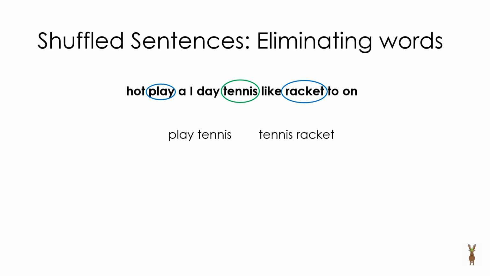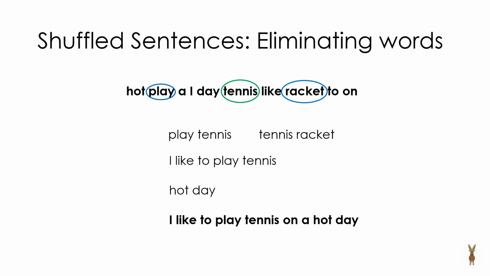Who likes? I like. I like to play tennis. Hot describes the day, so we have hot day. I like to play tennis on a hot day. So the extra word is racket. It does not fit in the rearranged sentence.